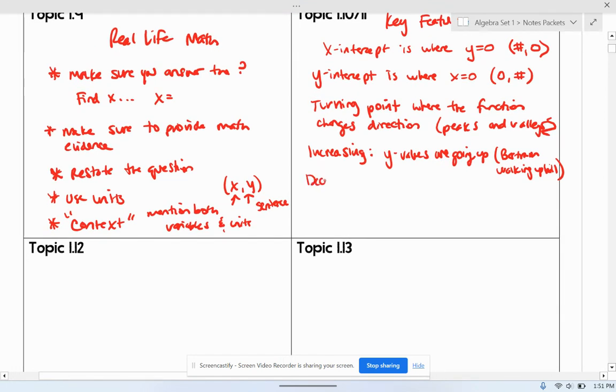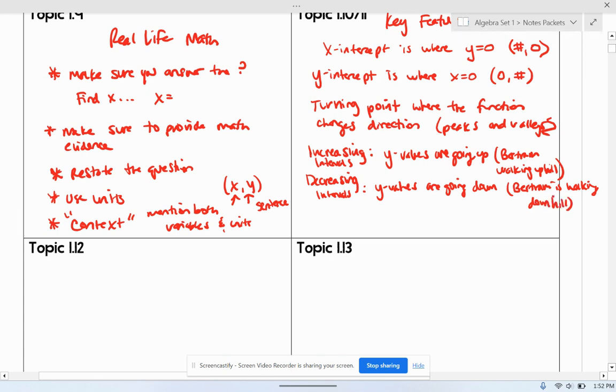And then decreasing intervals: the y values are going down, and Bertram is walking downhill.